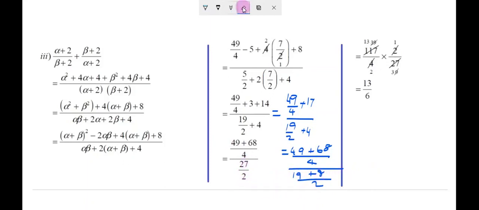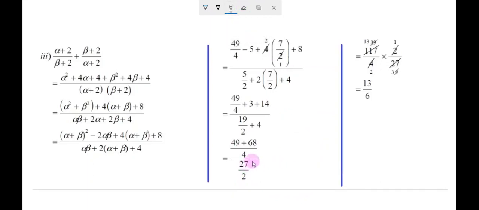Okay, now that is equal to 49 plus 68, it is 117 by 4, whole divided by 27 by 2. Okay, now let's make a cross multiplication, inverse here, that is equal to 117 by 4 into 2 by 27.